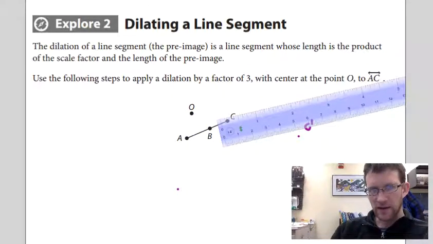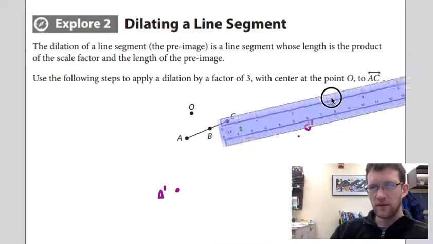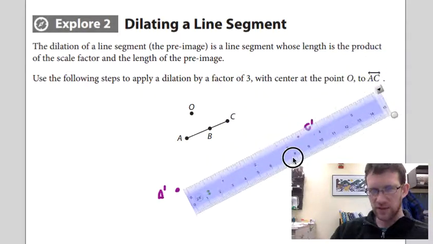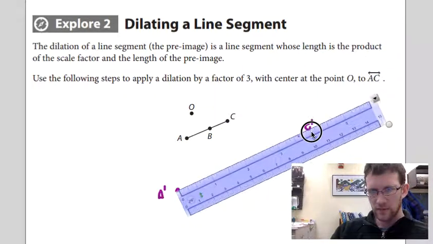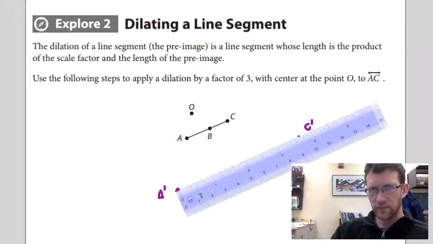And I'll call that dot there A prime. And then I'll go ahead and connect these with a segment. It's red, so it stands up better.